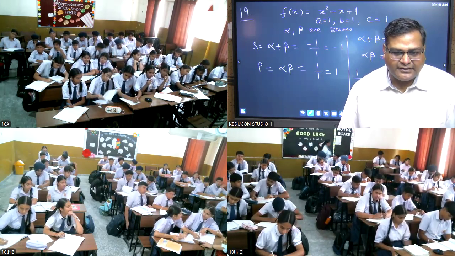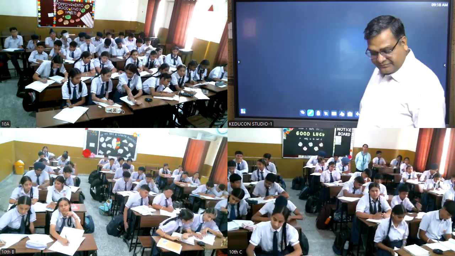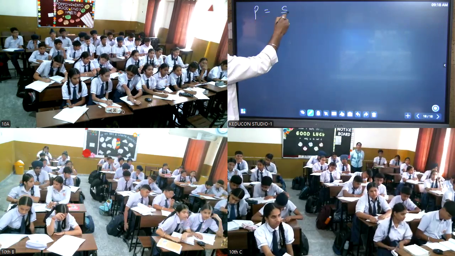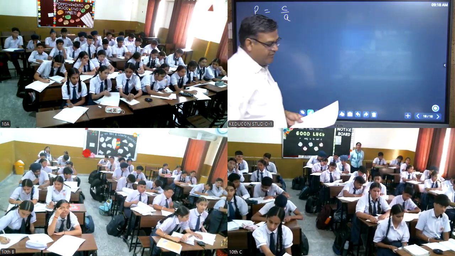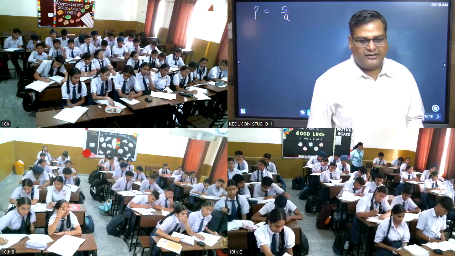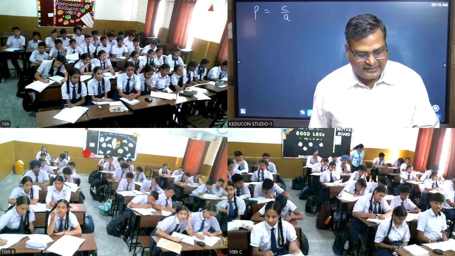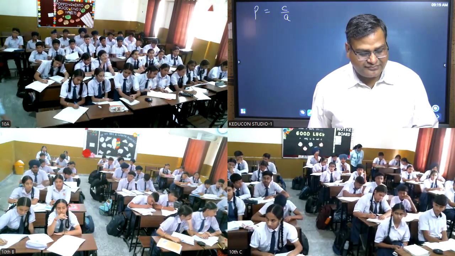Is this clear? What is the product? C upon A. Quadratic polynomial is the relation between a and c. Is this clear? Now come to the next question.